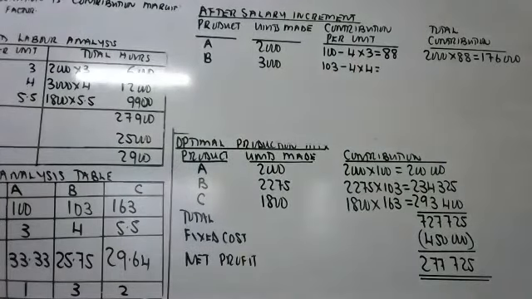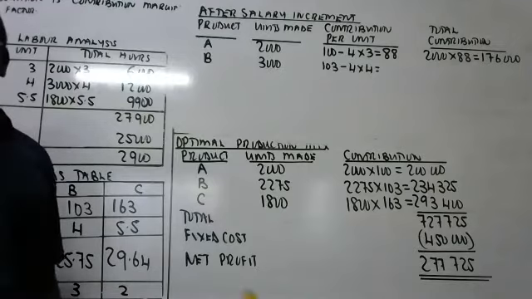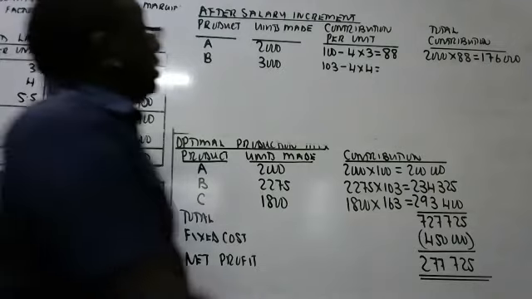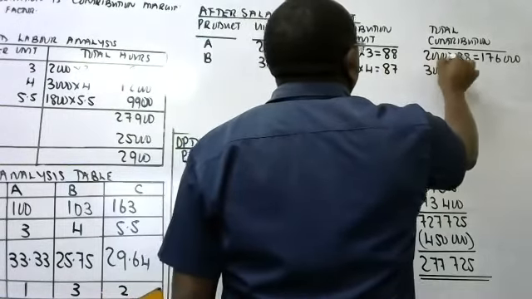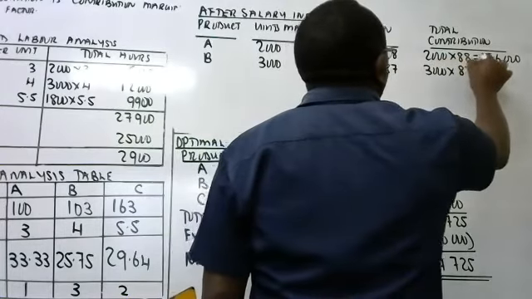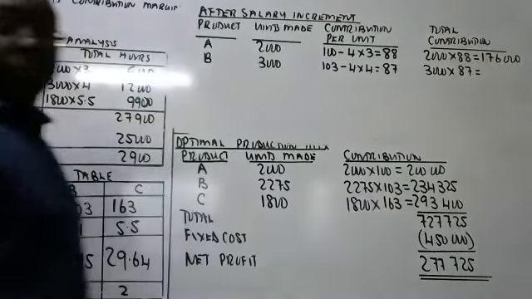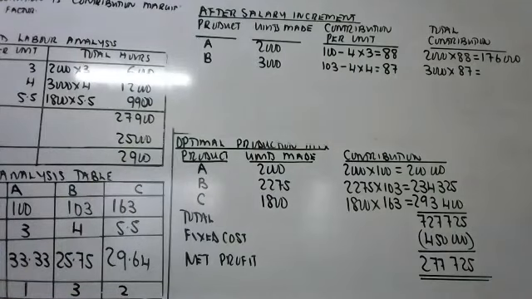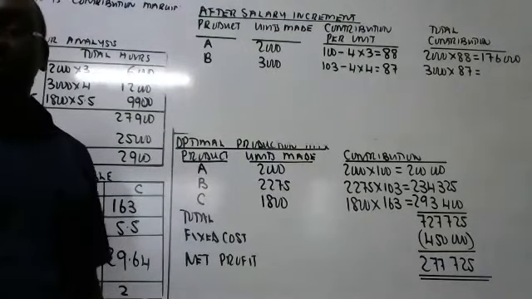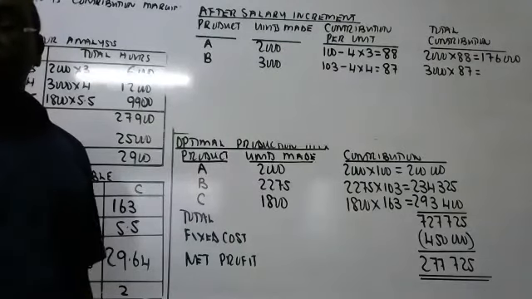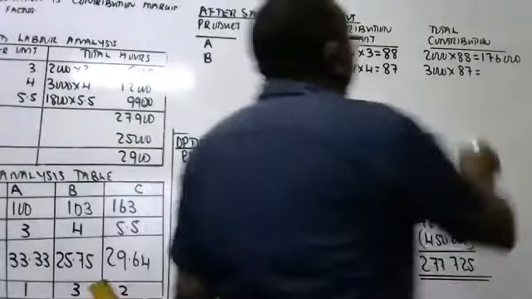So 103 minus 4 by 4 is 87. So 3,000 times 87 is $261,000.